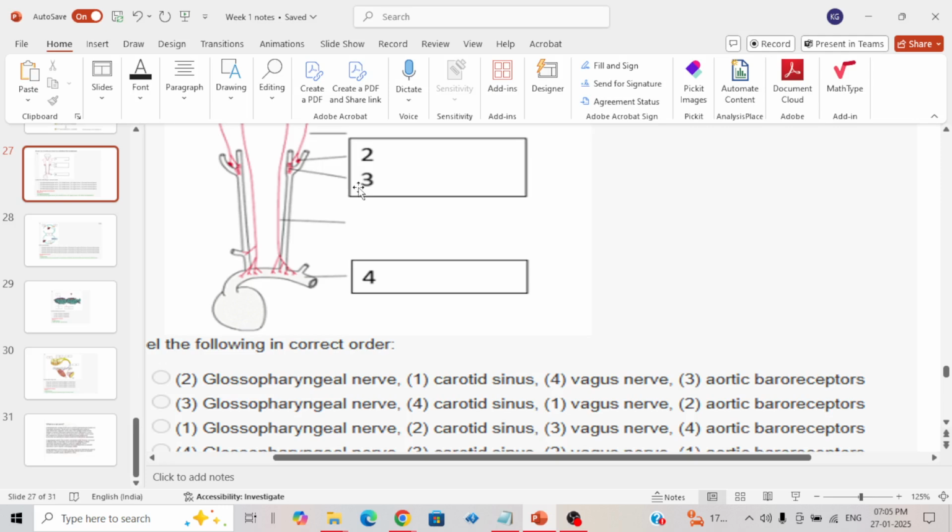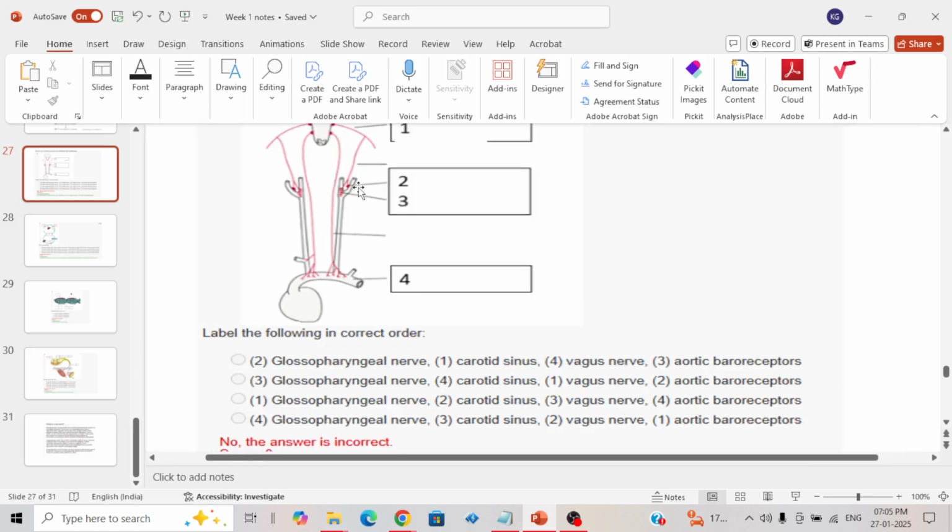And fourth is the aortic baroreceptors. Do you understand the term baroreceptors? Do you know what baroreceptors are? Just like receptors. Receptors are for what?